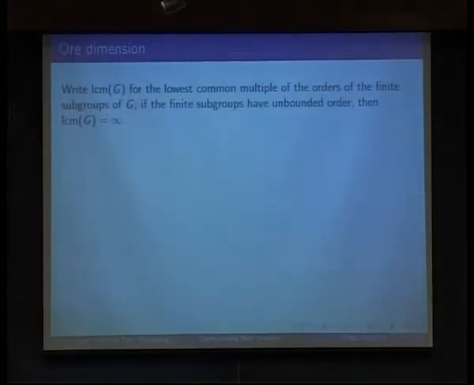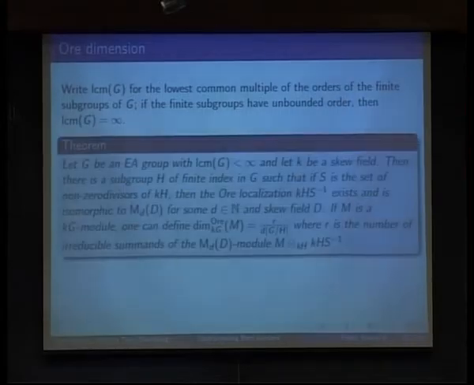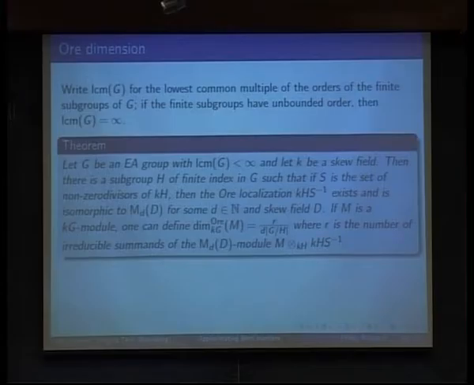Let's write lcm(G) for the lowest common multiple of the orders of the finite subgroups of G. If the orders of the finite subgroups of G are unbounded, then we say lcm(G) is infinity. And then you have the following result.